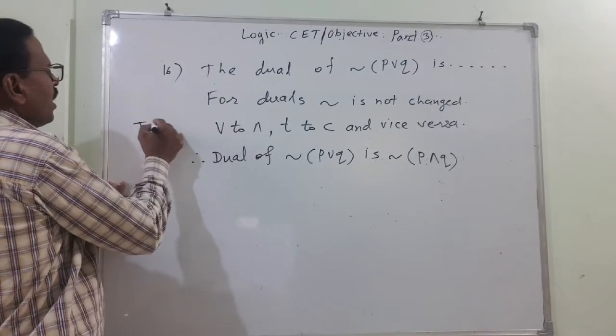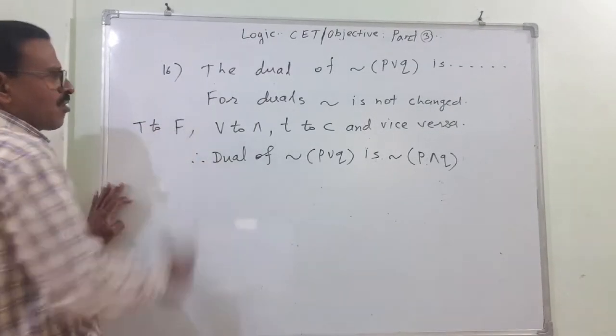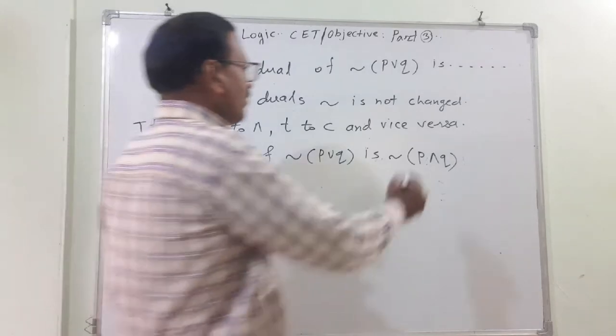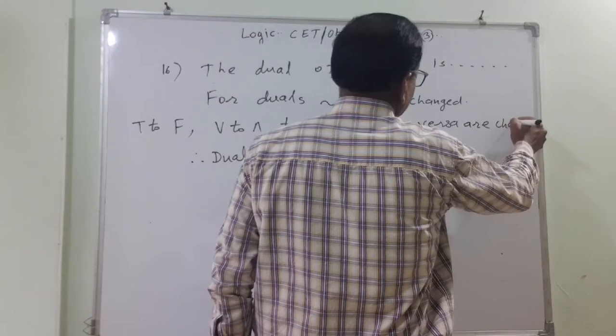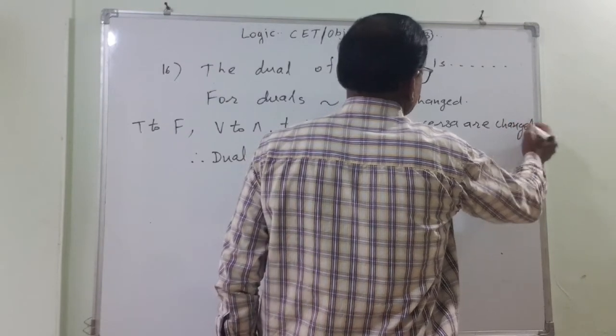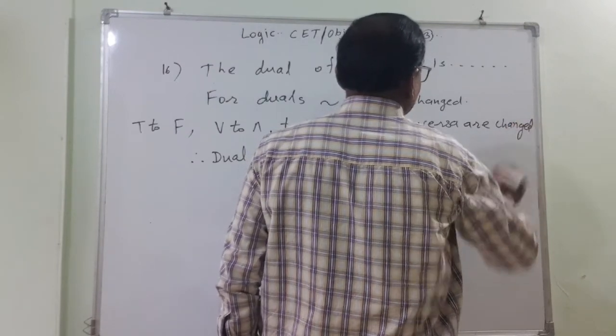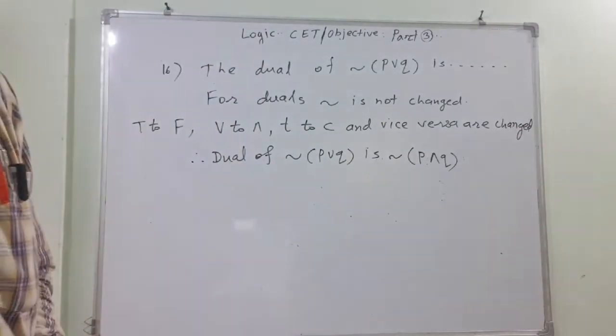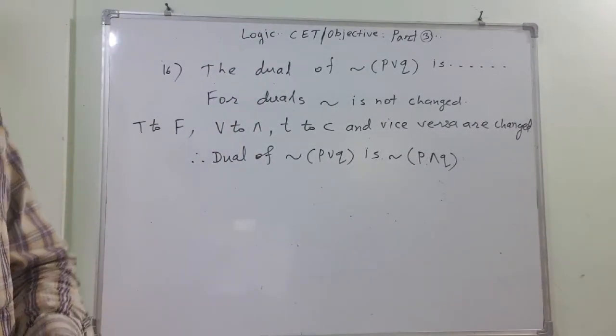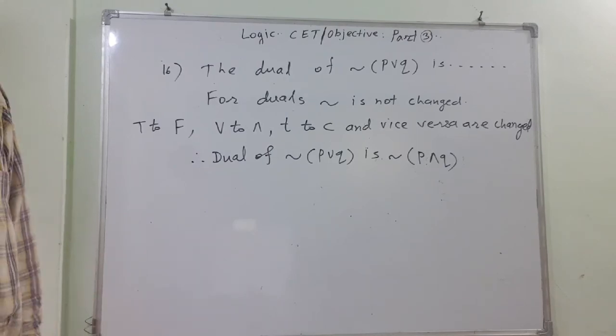T to F, comma, and vice versa are changed. So again and again I am revising the same topic. So definitely you will be getting the benefit of it, and that's all, really that's all for logic.